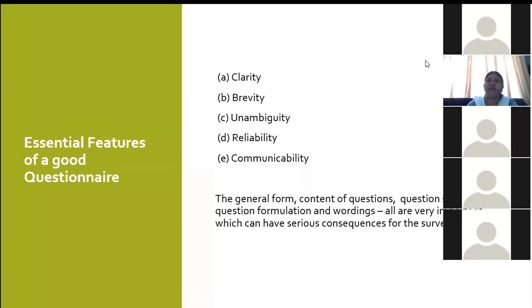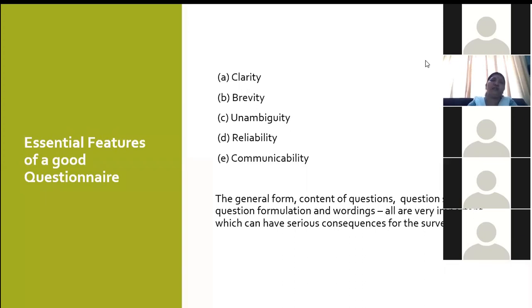There should be clarity, and it should be as brief as possible. So clarity, brevity, and unambiguity. It should be unambiguous. So that is another point. It should be reliable. A good questionnaire must be reliable, and communicability is another thing.